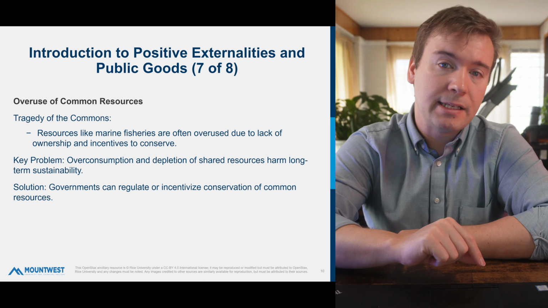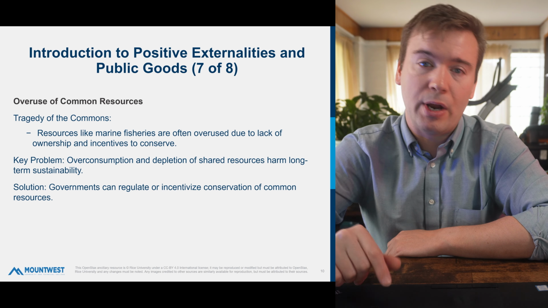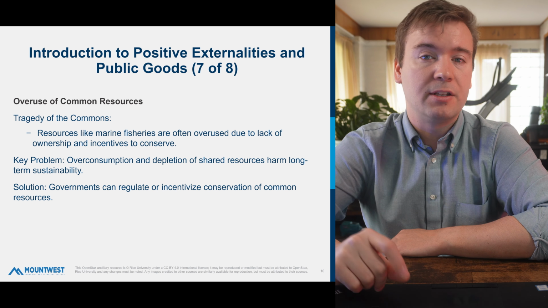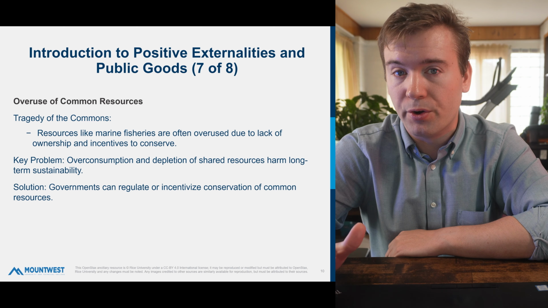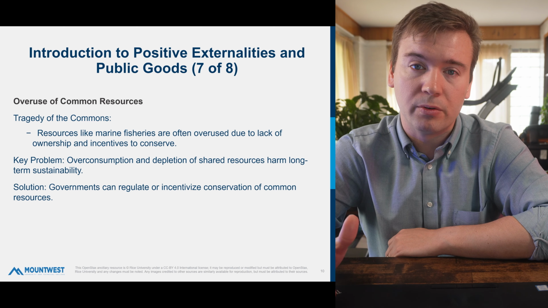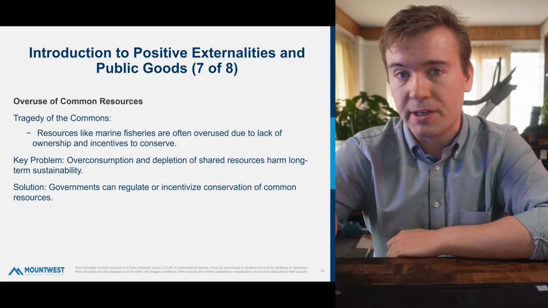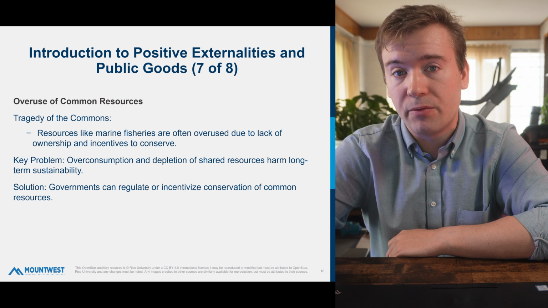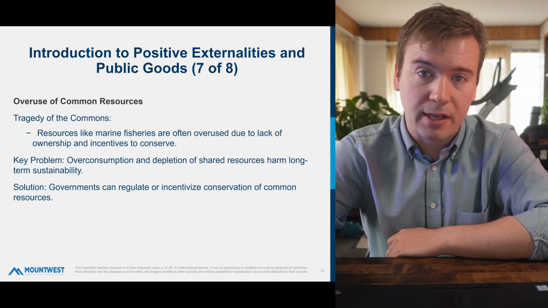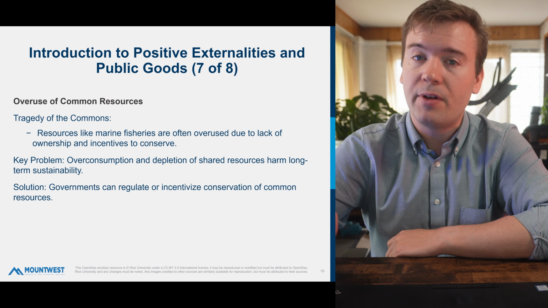To address this, governments can play a crucial role by regulating or incentivizing the conservation of common resources. This might involve setting fishing quotas, implementing conservation programs, or establishing property rights where it's feasible to do so. If you ever want to go fishing in the state of West Virginia, well, you've got to get a fishing license. If you want to go hunting, you have to have a hunting license.